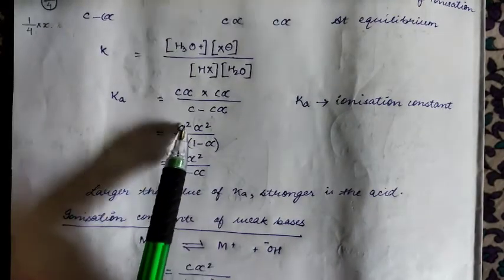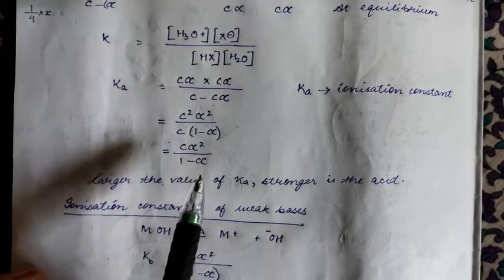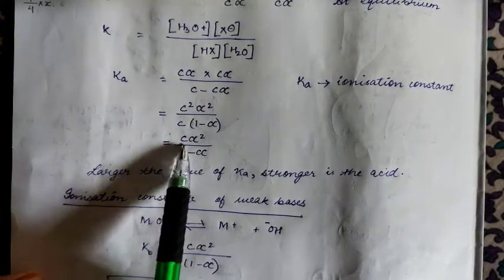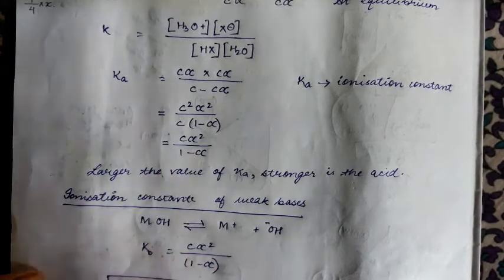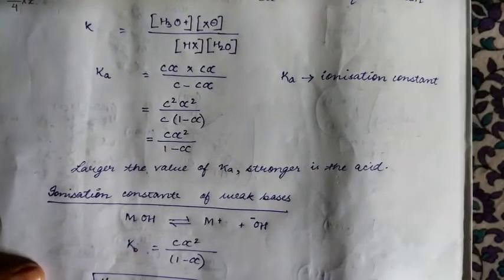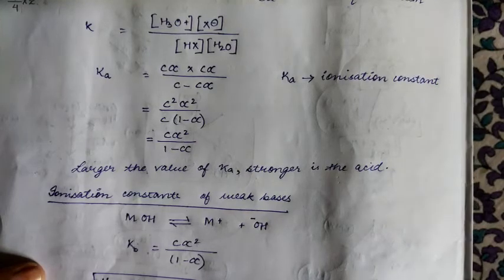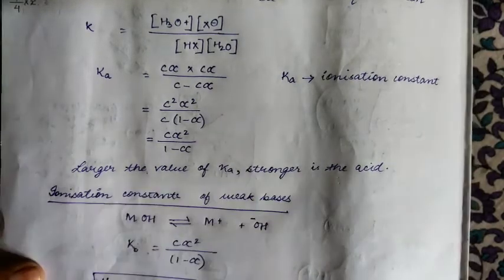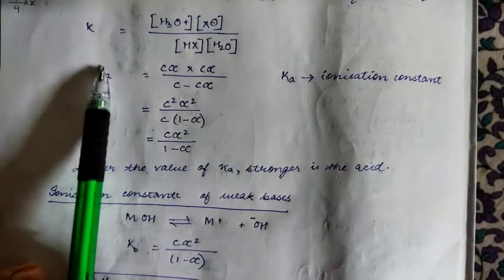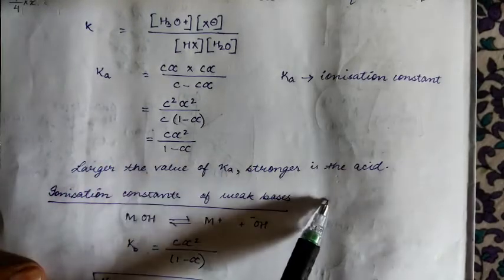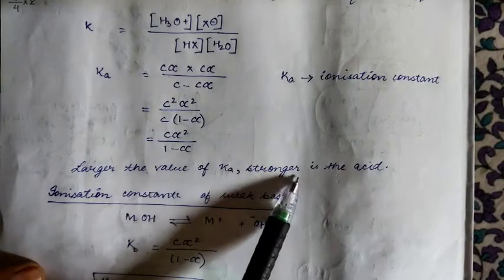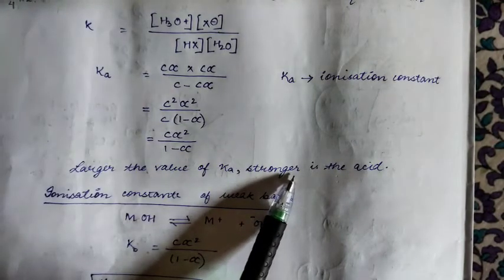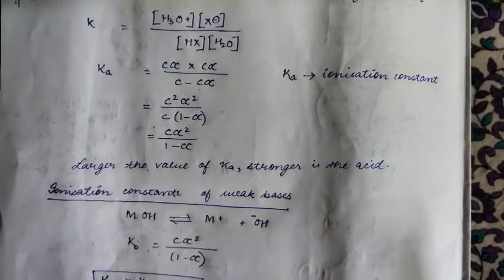Now this C and 1 C from the numerator will get cancelled and you are left with C alpha square divided by 1 minus alpha. Clear? So this is the expression for the ionization constant for weak acids. Larger the value of Ka, stronger is the acid, and if it is less, then the acid is less strong, a weak acid.